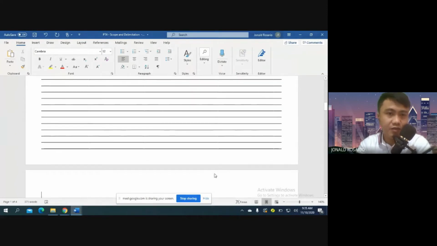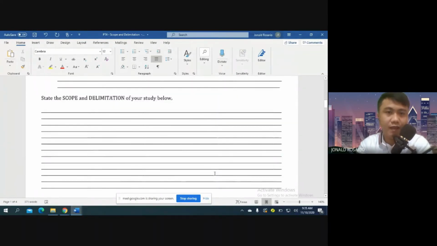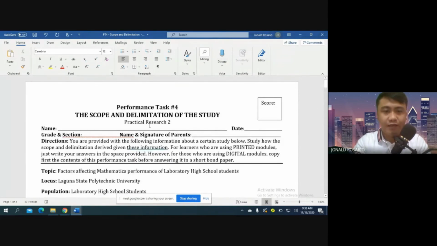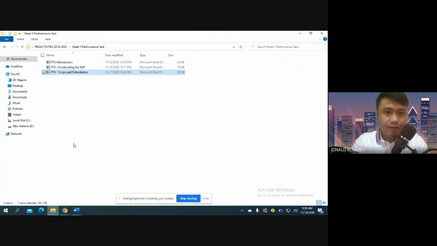And then, of course, you're now going to state the scope and the limitation of your study dun sa baba. Yan. So, ganun lang po ang scope and the limitation of the study. And kung gusto niyo pa ng mas maunawaan yan, panoorin ninyo yung instructional video na sinend ko sa inyong GC about scope and delimitation.